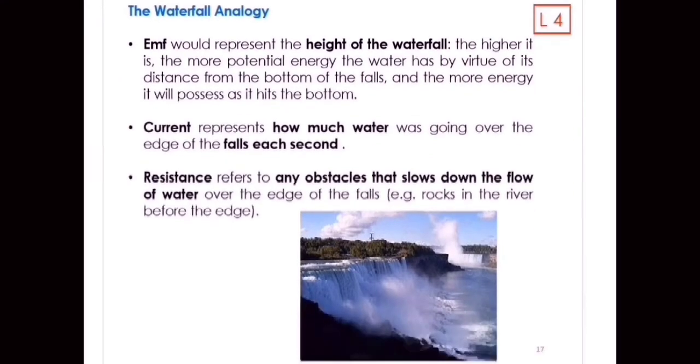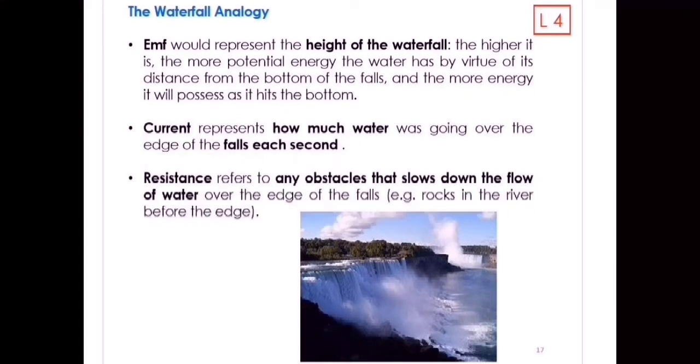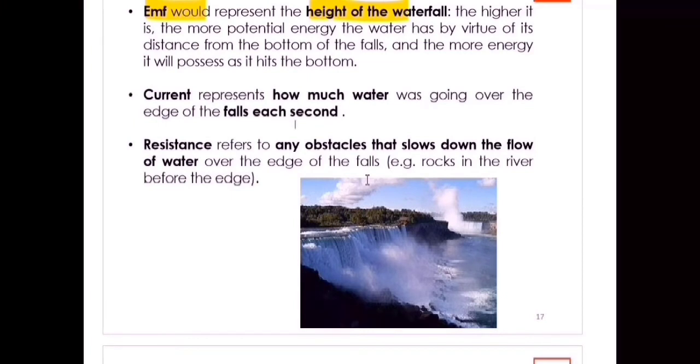Next is the waterfall analogy. The EMF would represent the height of the waterfall. The higher the waterfall, the more potential energy it has. So when the waterfall is higher, it will have a higher potential energy when it hits the ground, and the current represents how much water falls each second.